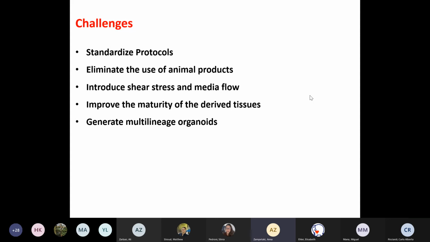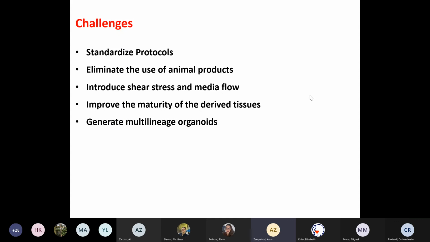These, or most of these organoids actually don't have shear stress or media flow. So this is another element of physiology that would be critical and is missing at the moment. We should also improve the maturity of the derived tissues and establish protocols that move closer to the adult tissue and not so much the fetal tissue, and also generate multi-lineage organoids.